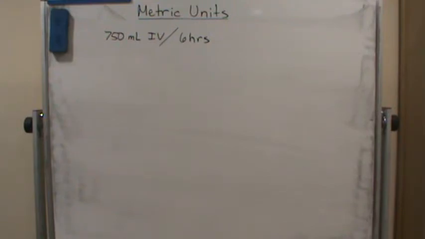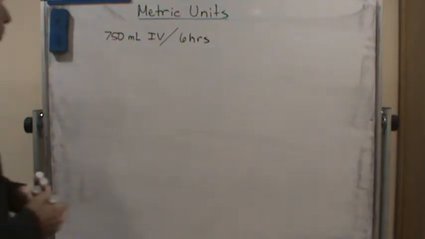All right, so far we've got 750 milliliters per 6 hours, right? That's the rate that has to be given, and we need to convert that to what? Drops per minute. So now the drop factor, what they call the drop factor for this solution is 15 drops per milliliter.